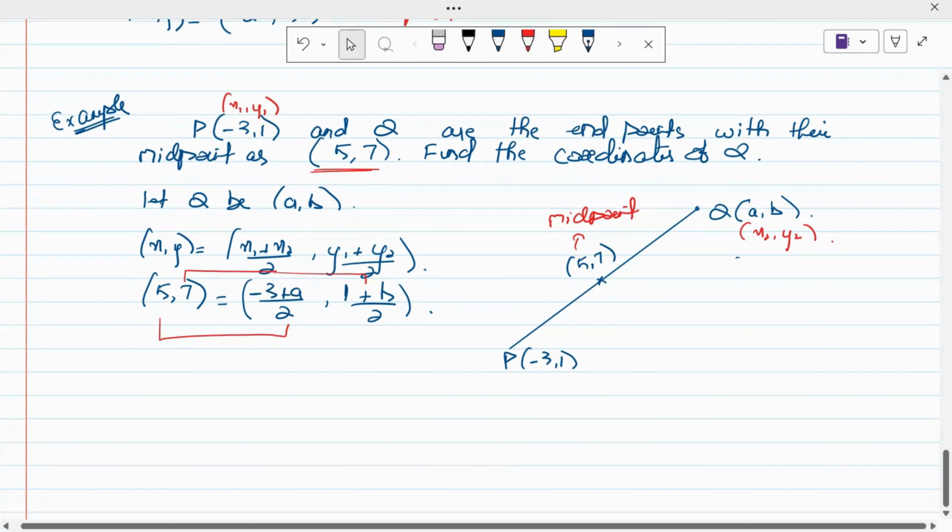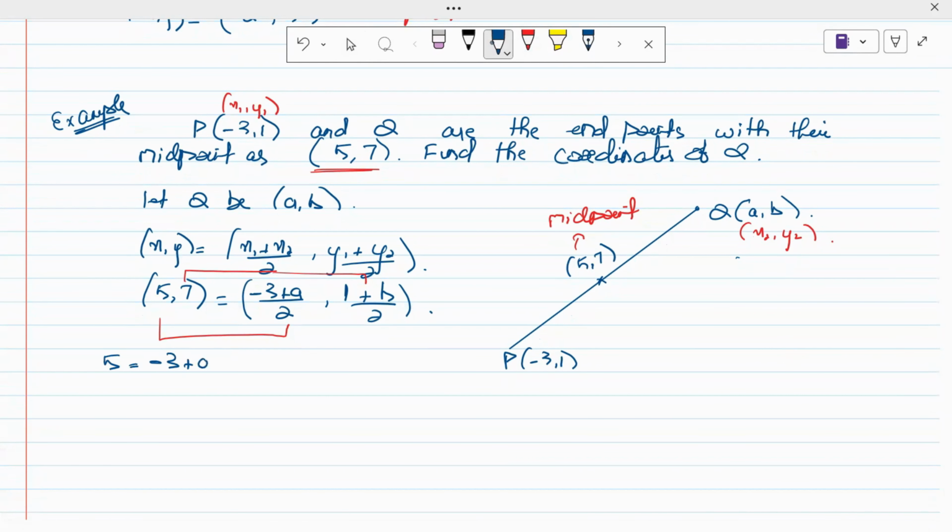On comparing the x coordinate, we get 5 = (-3 + a)/2. Cross multiplying, we get 10 = -3 + a, so a is 10 + 3, a = 13.